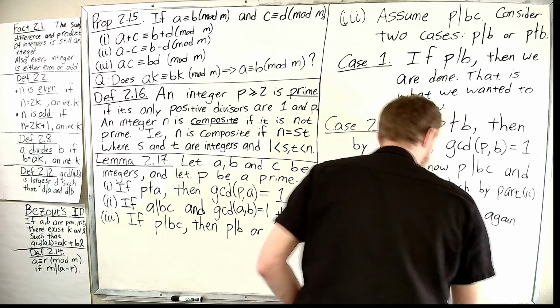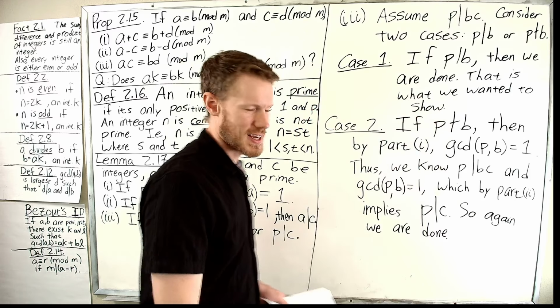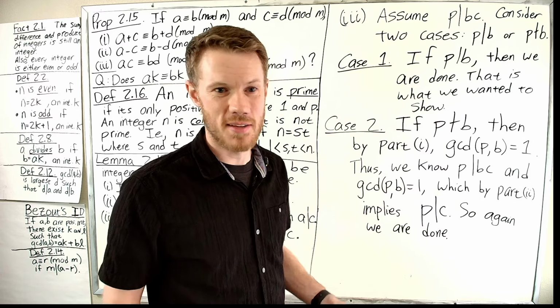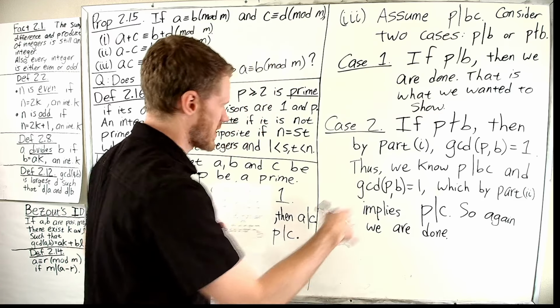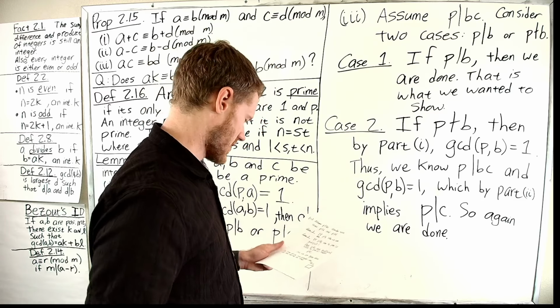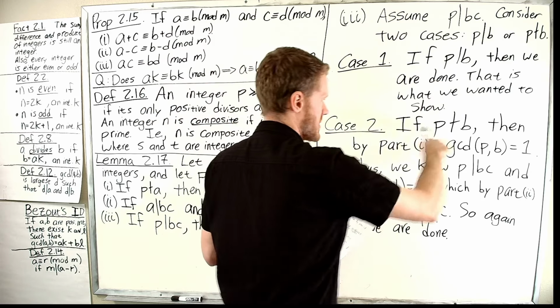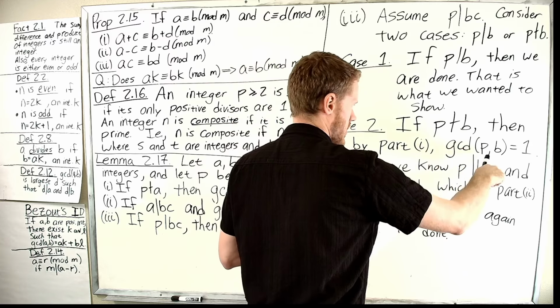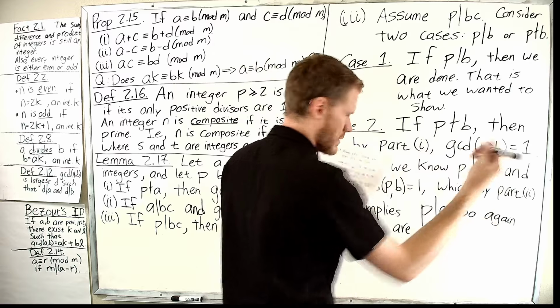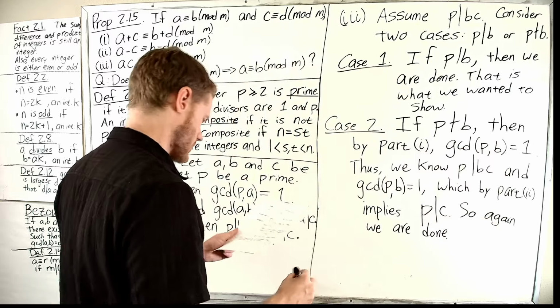This "we are done" seems so casual, but it's actually not uncommonly used in math research articles if you divide it by cases. I've seen that many times. So case 1, if P divides B, we're done right away. If P does not divide B, you can apply part 1, which in turn allows you to apply part 2, and boom, P divides C, and we're again done.